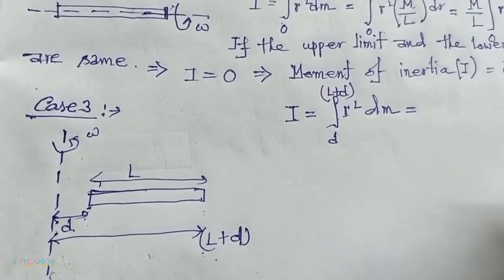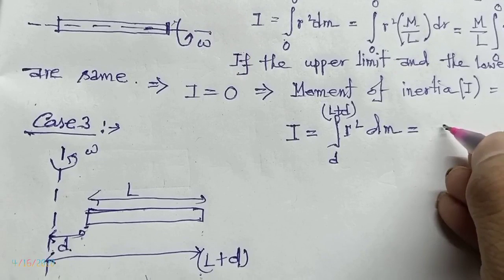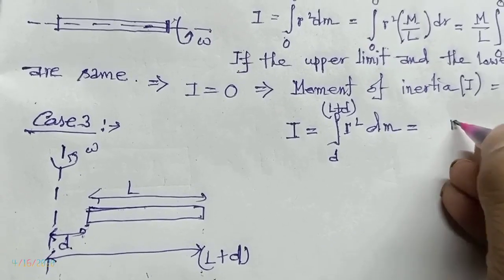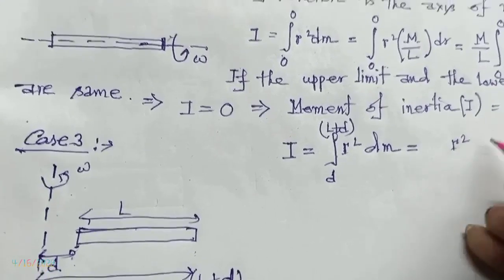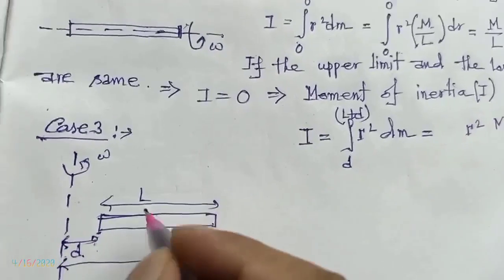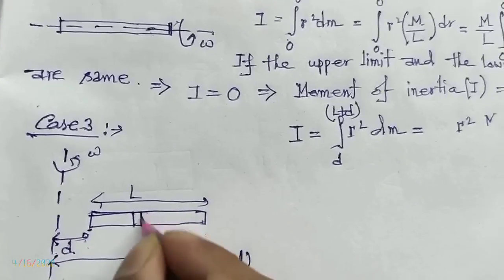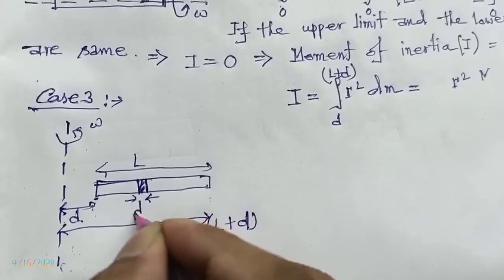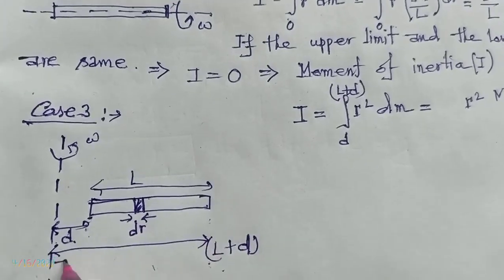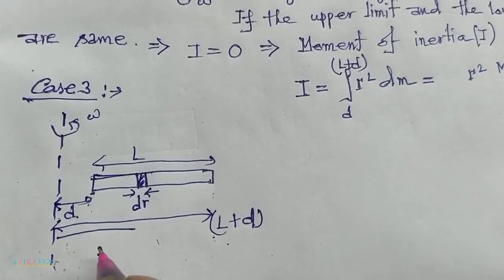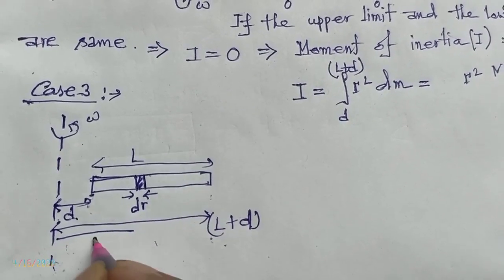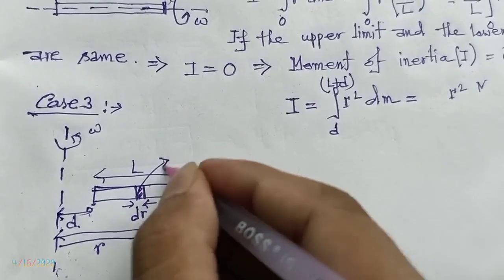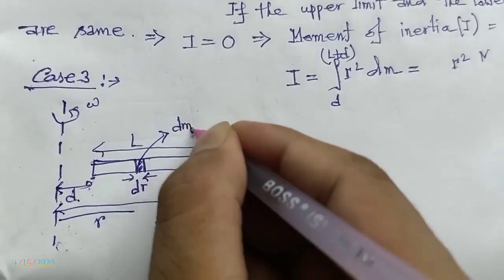So it becomes r square. What is dm? Let this element be dr, and the distance from the axis to this dr element is r, and the mass of this element is dm.